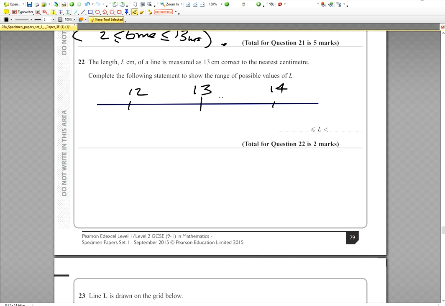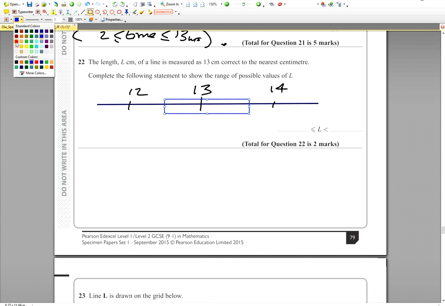If it's measured to the nearest centimeter, what that's talking about is this window here. This is 1 centimeter, so half a centimeter below or up to half a centimeter above.